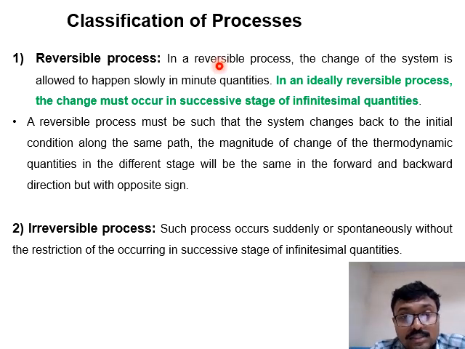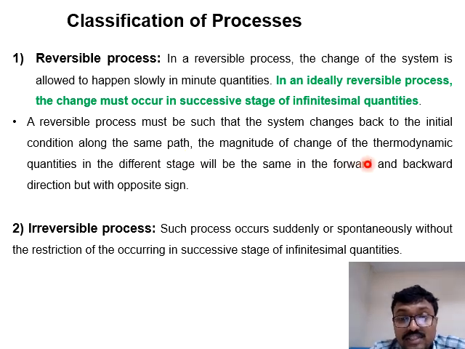Now, a process can be of two types: one is a reversible process, another is an irreversible process. In a reversible process, the change of the system is allowed to happen slowly in minute quantity. In an ideal reversible process, the change must occur in successive stages of infinitesimal quantities. A reversible process must be such that the system changes back to its initial condition along the same path.